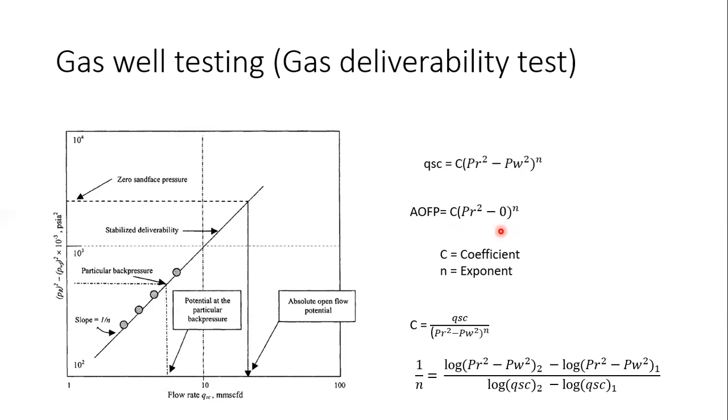This test will help us understand the best possible way of producing the maximum amount of gas, in standard cubic feet per a limited time. It could be days, so mostly it will be measured with respect to days. This is how we are going to estimate the gas well deliverability test.